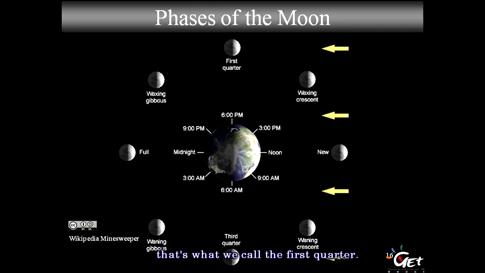It's what we call the first quarter. Between this phase and that phase, you have a waxing crescent moon, meaning the crescent is increasing with time. Then this part keeps increasing, and when the moon is in the opposite direction from the sun, it's fully lit. Okay, so this is a full moon. And once again, it goes back again. Something that you probably understood a very long time ago.